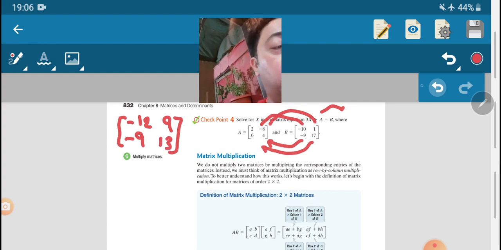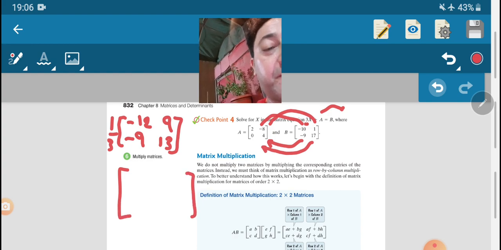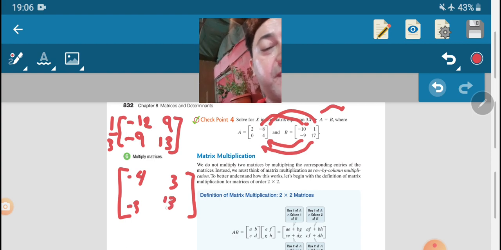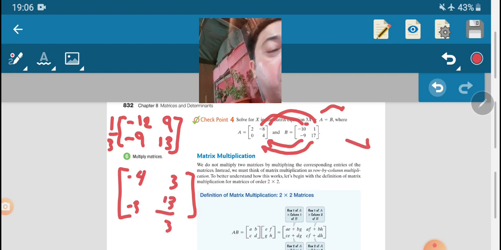And then divide all by 3. Negative 12 times a third is negative 4, 9 times a third is 3, negative 9 times a third is negative 3, 13 times a third is 13 over 3. So we have finished.